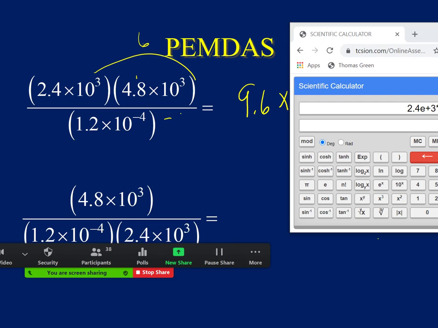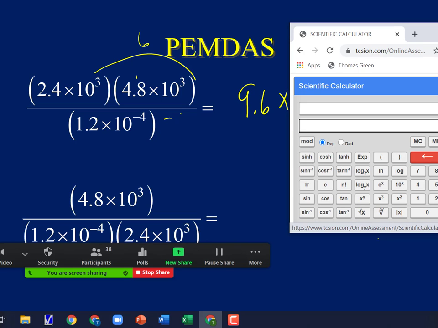And on the bottom one, .8 EXP 3 divided by 1.2 EXP 4 negative.